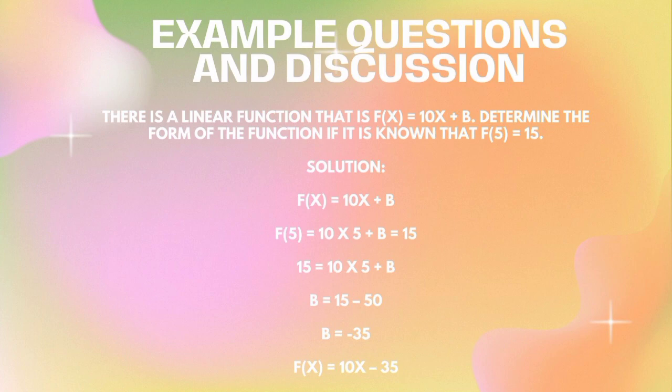And then f5 is 10 times 5 plus b is 15. 15 is 10 times 5 plus b. b is 15 minus 50. b is minus 35. So fx is 10x minus 35.